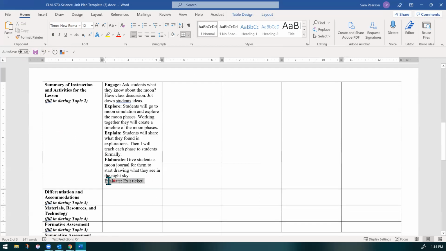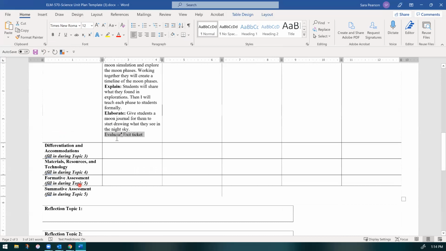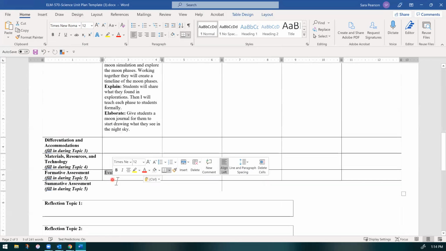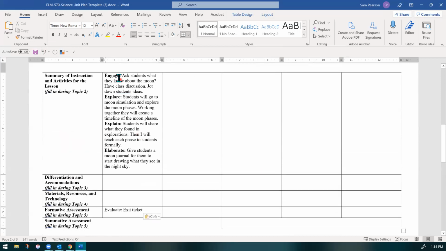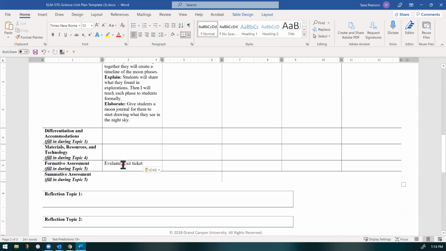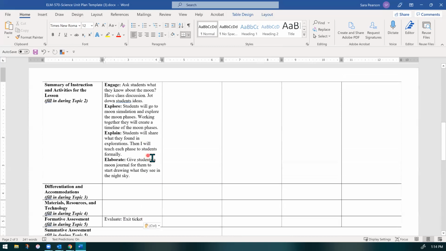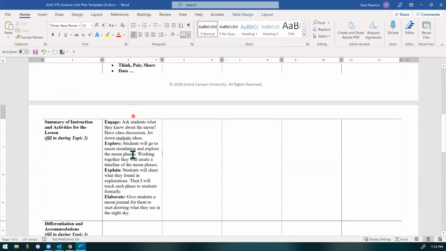Now, just so you know, there is assessment down here. So I would probably move that evaluate to another week. So I might put the 4 stages of the 5E model here. And then you can see that my exit ticket might be down in a different week. So this is the level of detail that I'm looking for.